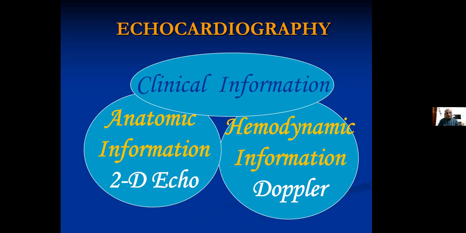For example, suppose you see a markedly calcified aortic wall, significant LVH, other things that give you a hint that it is a severe aortic stenosis. So always see a detailed 2D examination followed by hemodynamic information which is given by a Doppler and which helps you in getting a more complete quantitative idea.